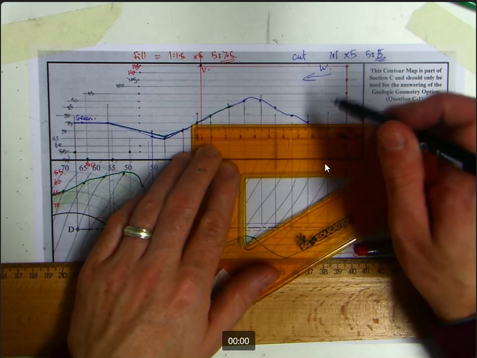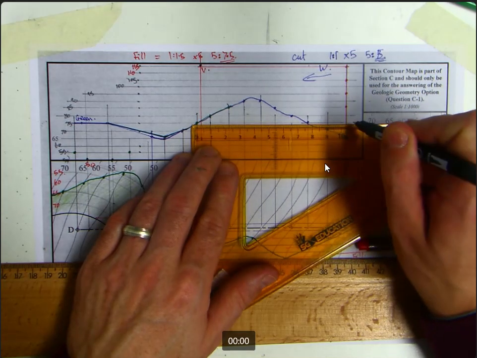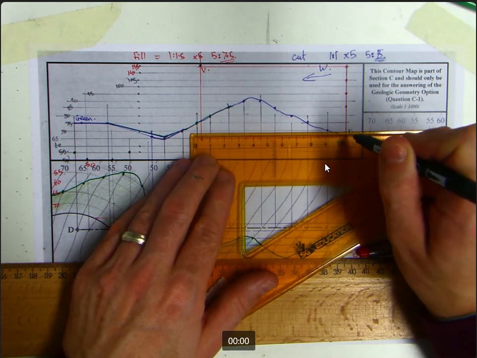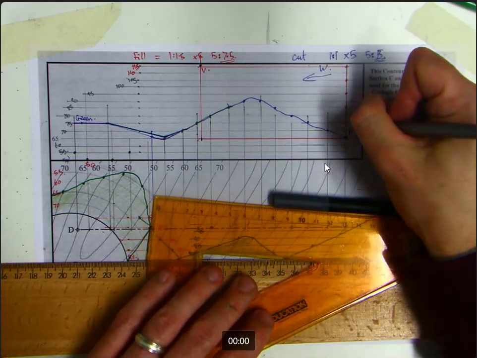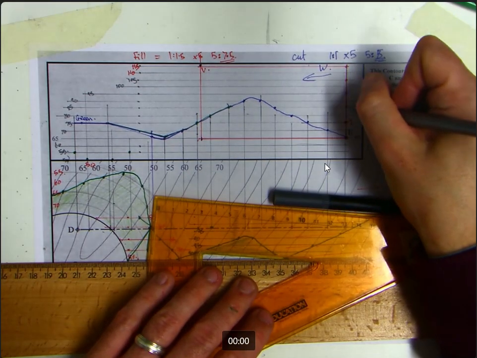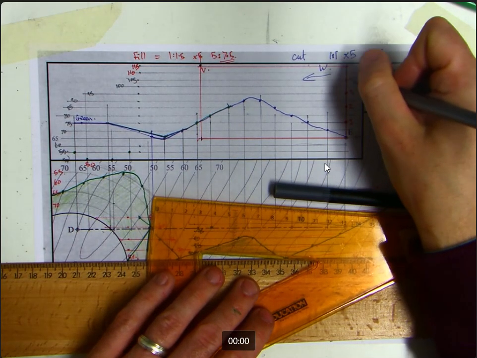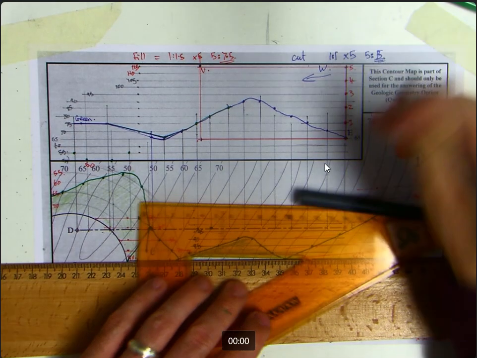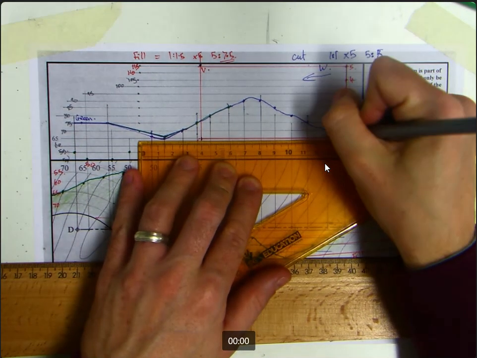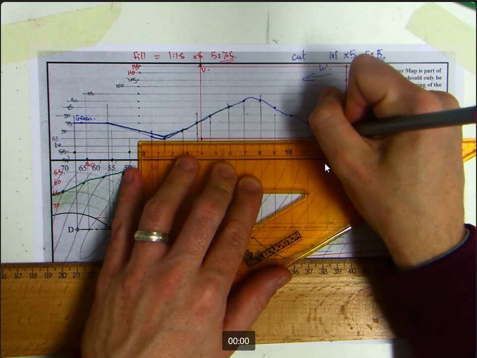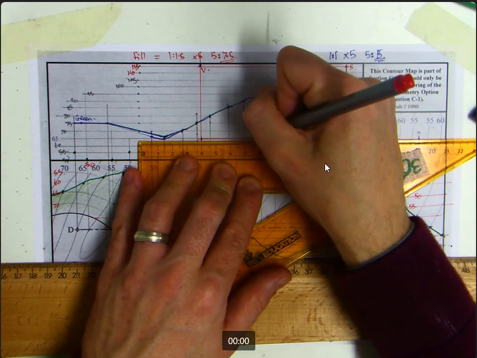The vertical height is split up into 5 equal segments. So 1, 2, 3, 4, 5. And if we split the 100 millimeters up into 5 as well, you get 25. So we've got 25, 50, 25.